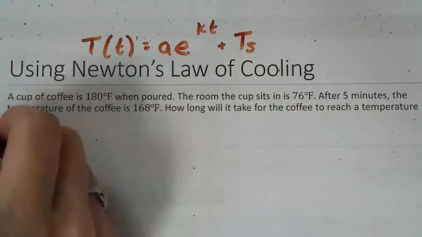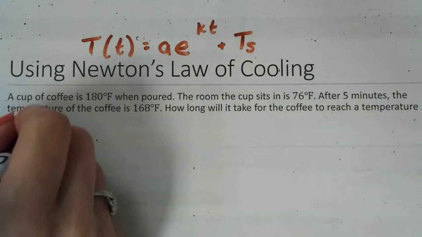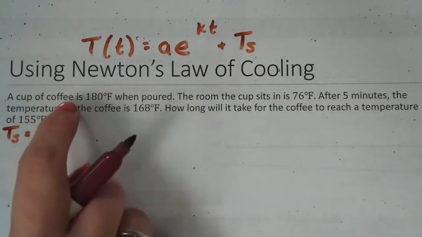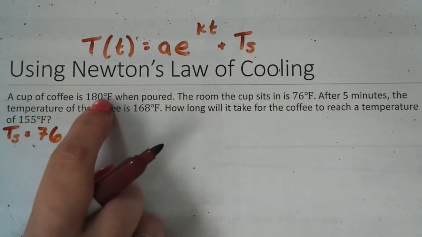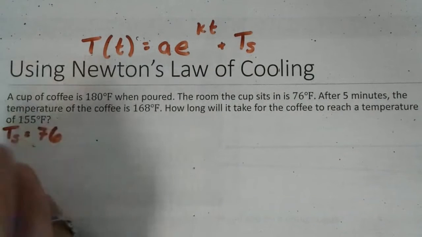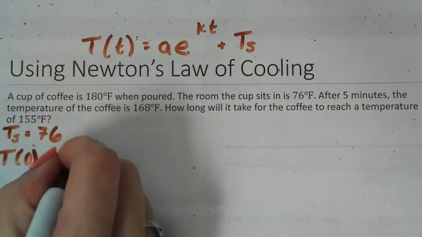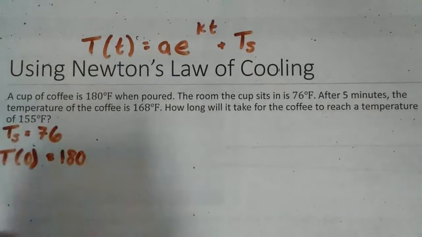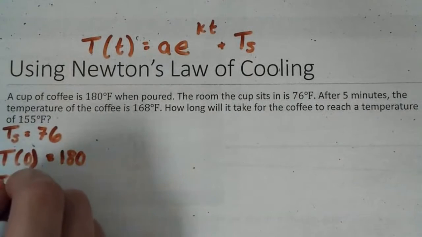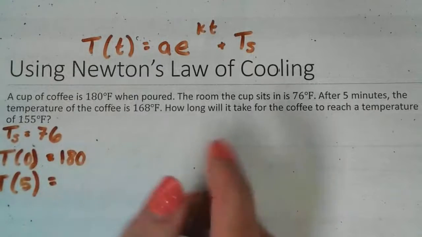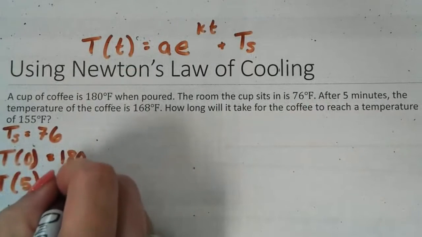They told us that is 76. So T sub S is 76. We know the temperature when the coffee is first poured. So the temperature at time 0 is equal to 180. And they also told us the temperature after 5 minutes. That's equal to 168.